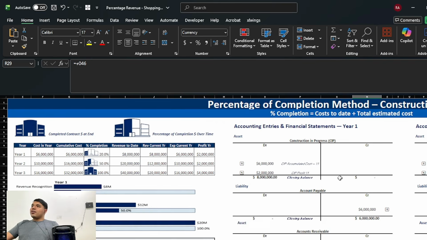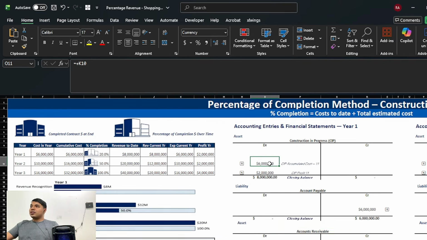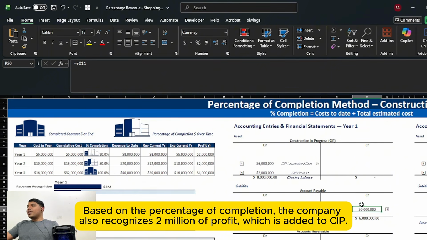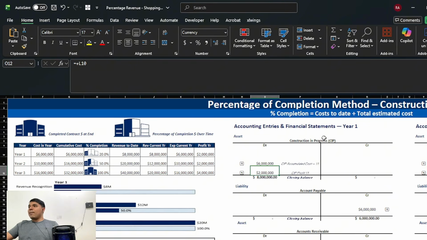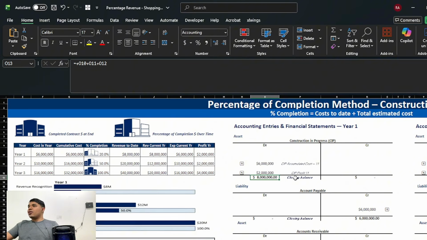Let's go through the accounting. In year 1, the company incurred $6 million in construction costs. These costs are debited to construction in progress and credited to accounts payable. Based on the percentage of completion, the company also recognizes $2 million of profit, which is added to CIP. As a result, CIP ends year 1 with a balance of $8 million.